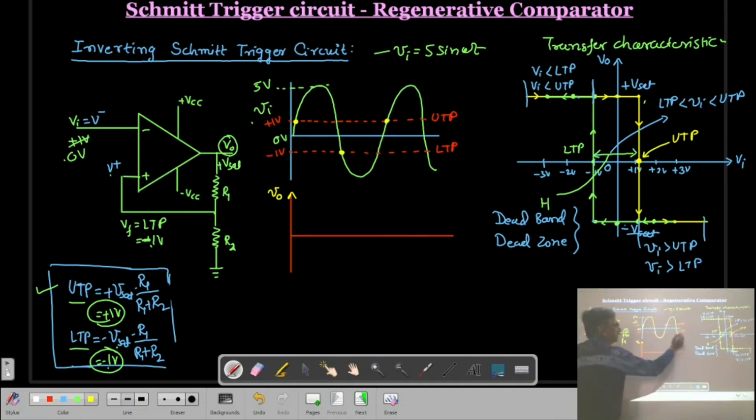Again, this one is the UTP point, and this one is the LTP point. Now remember, for all this voltage, my input voltage is between the LTP and UTP. So I have no idea whether the output will be in plus V saturation or minus V saturation. But we know this point here; first of all I will mark out this point.